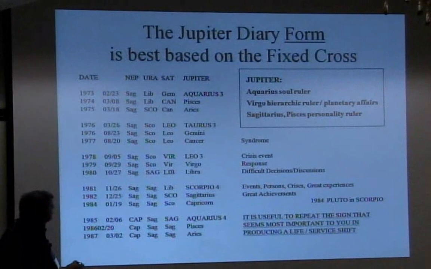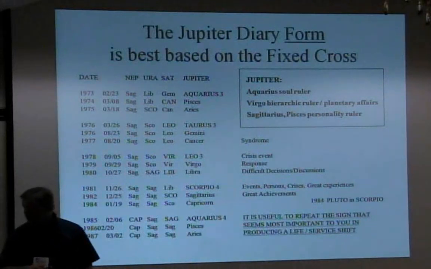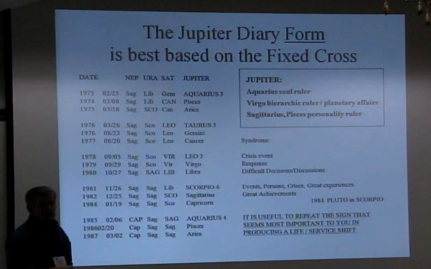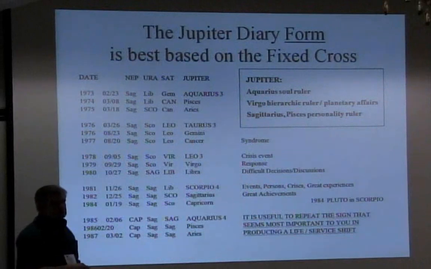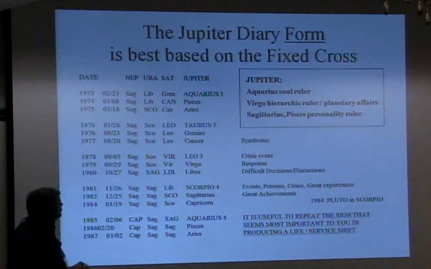So here's the lineup of fixed signs, Aquarius. This is the third Aquarius cycle in a person's life. Say they started out with Jupiter in Capricorn. Then that would mean that they're 35 years old, more or less. 3 Jupiter cycles of 11 years, and then a couple for the sign difference, or 1 or 2 for the sign difference.